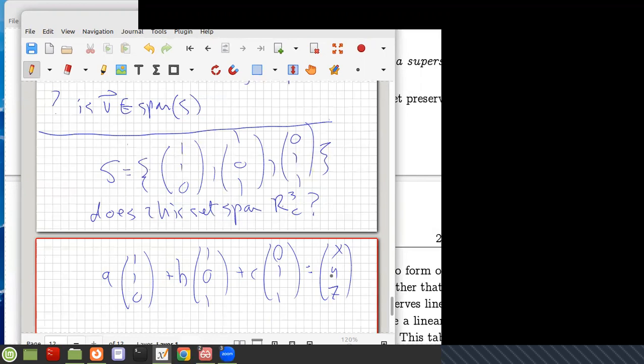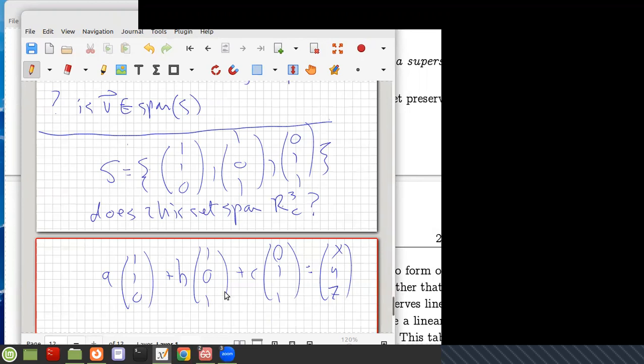So if we solve this problem for these vectors, and this set spans this space, we could then use that solution to set X, Y, and Z equal to 0, and then check: does that force A, B, and C to be 0? So if we want to check both linear independence and whether it spans the space, you can check whether it spans, then use your solution to check linear independence.